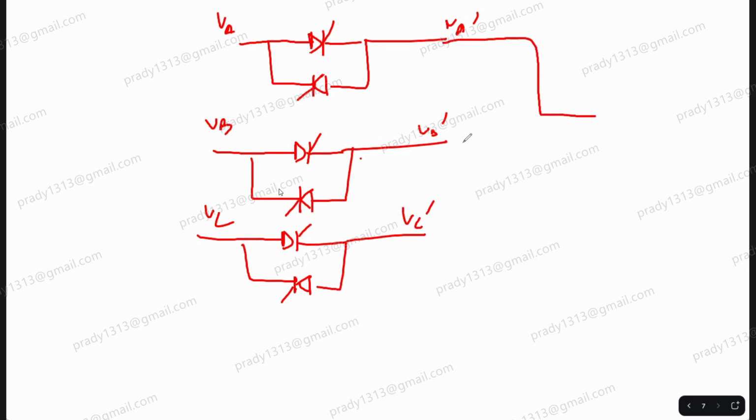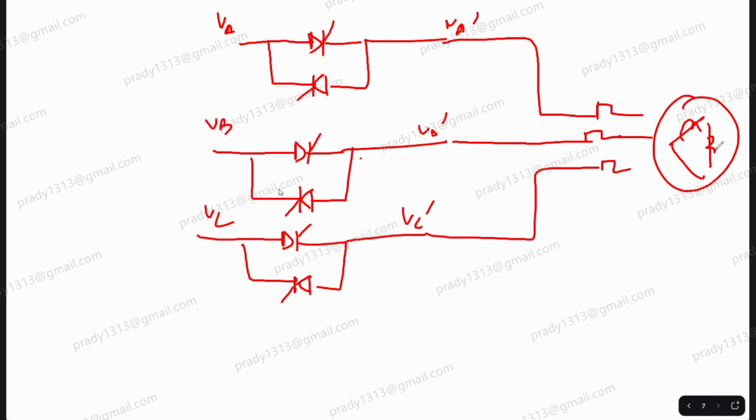Then this can go. This is your overload relay. This is your motor connected in delta.